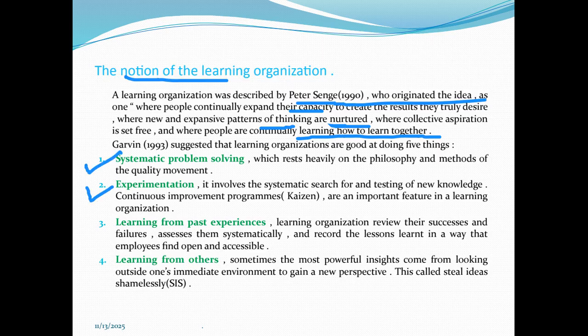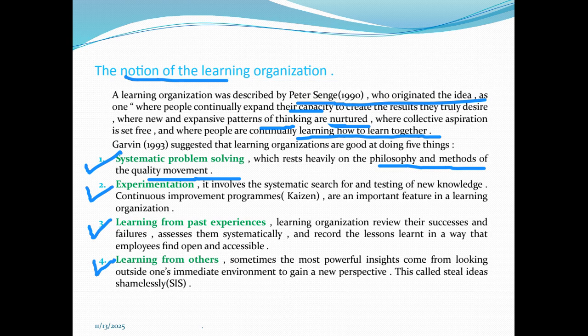Systematic problem solving rests heavily on the philosophy and methods of the quality movement. Experimentation involves the systematic search for and testing of new knowledge.